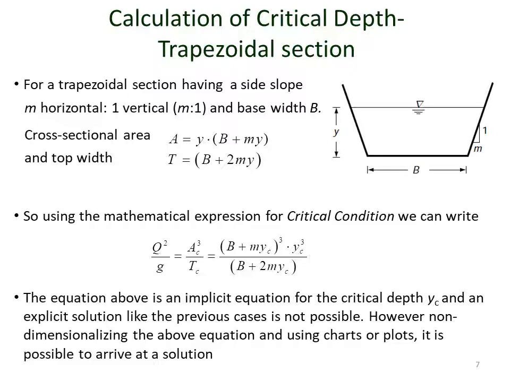However, we can use another technique for estimation of the critical depth, which is the technique of non-dimensionalization of the above equation and using charts and plots to arrive at a possible solution.